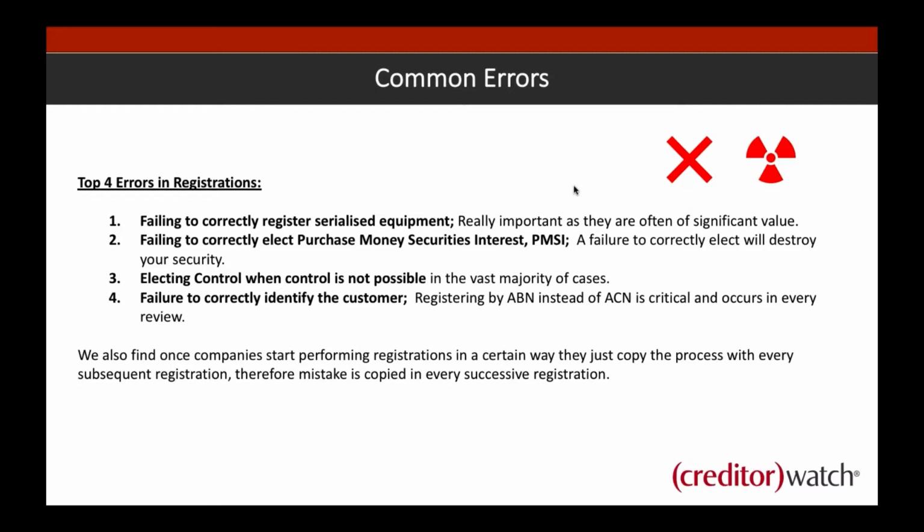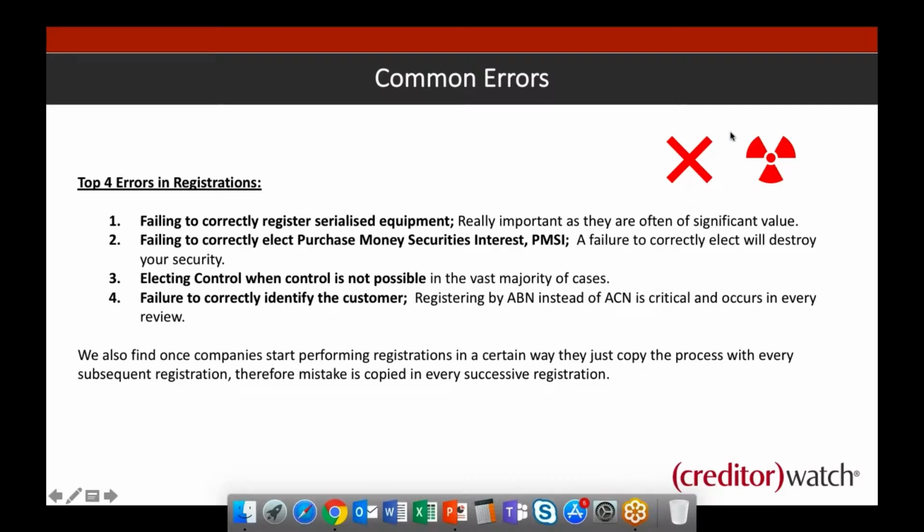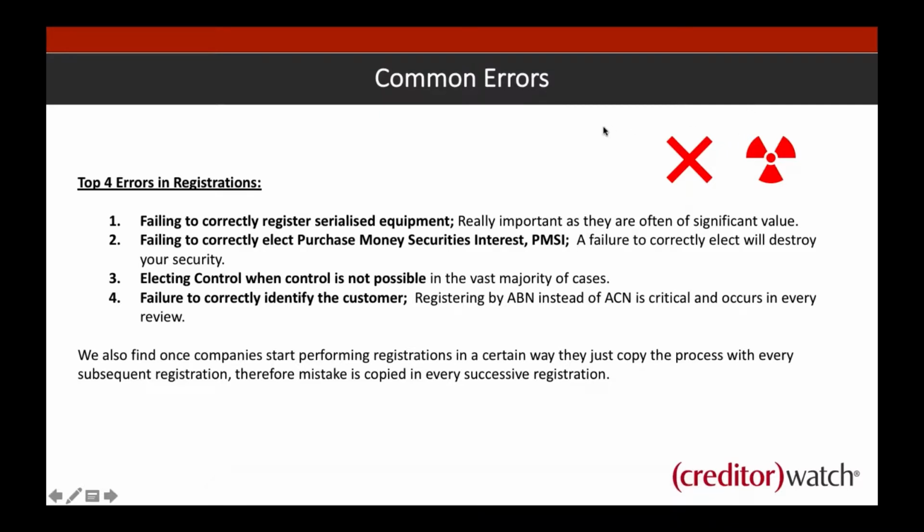And then, of course, I've seen this quite a bit in my experience, is failing to correctly identify the customer when selecting your grantor information. So again, the common error is registering by ABN instead of using the ACN for a company, but also using ABN for a sole trader rather than their given name, family name, and date of birth.